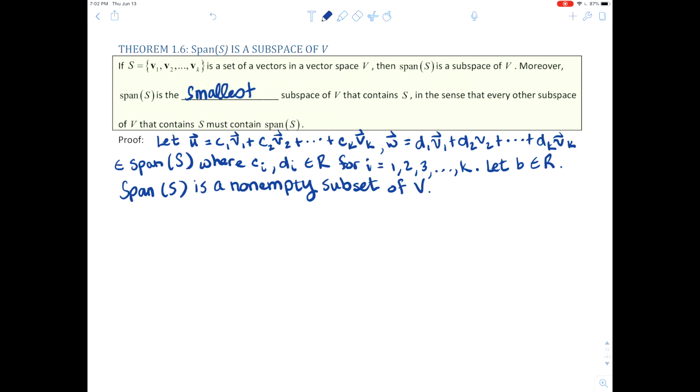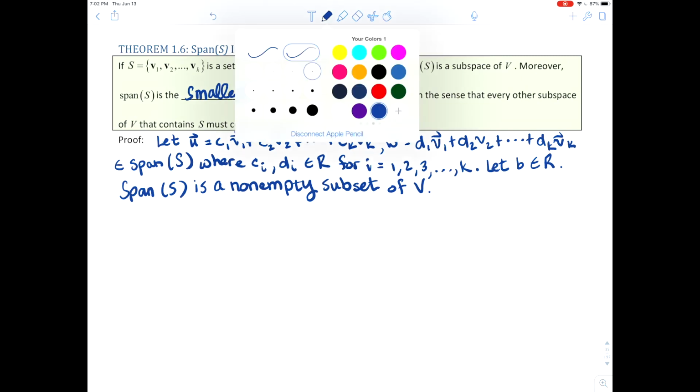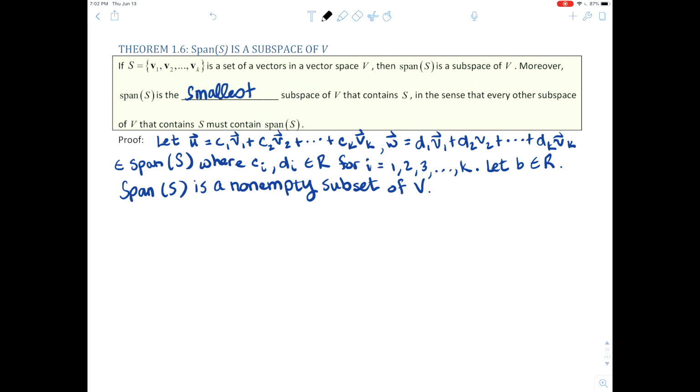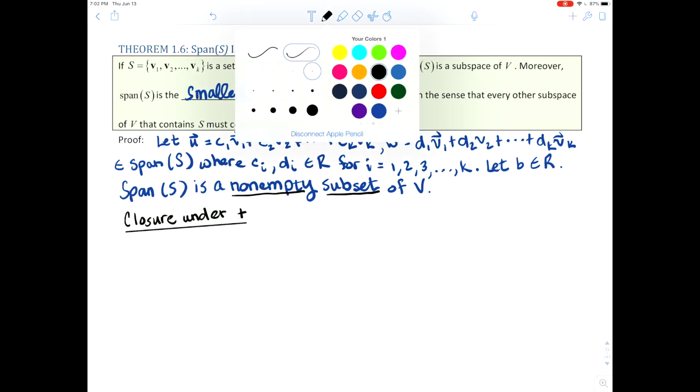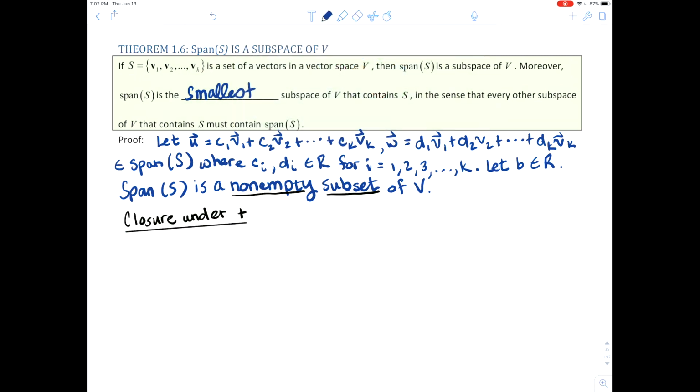Let's look at the closure. We stated our conditions here, and also, this is important, we wanted to state that it's a non-empty subset of our vector space. Then we need to show closure under addition, and we have all of the conditions we need for it.